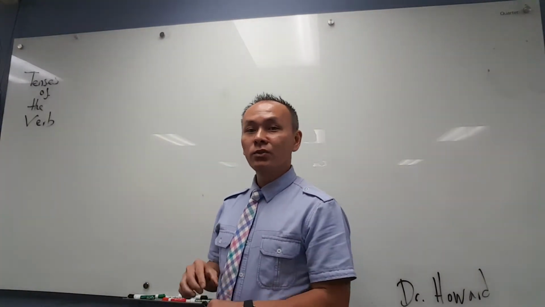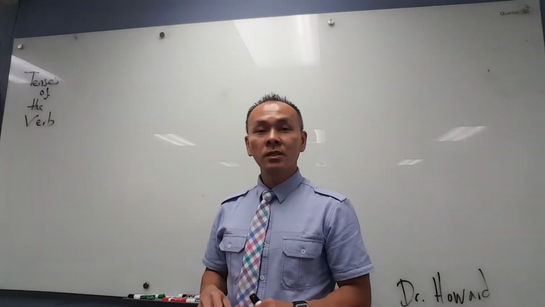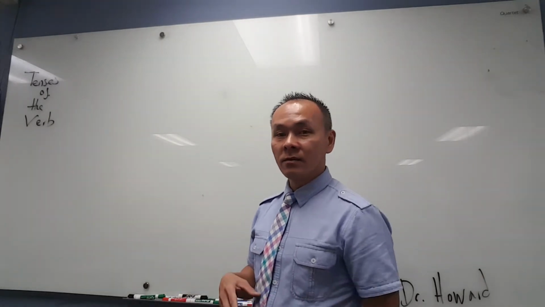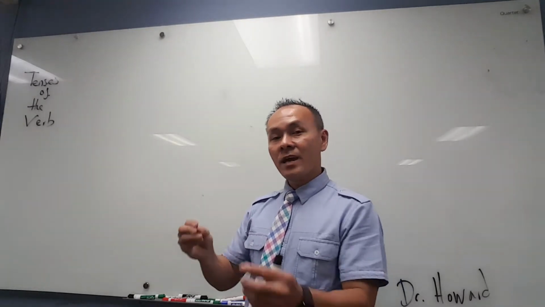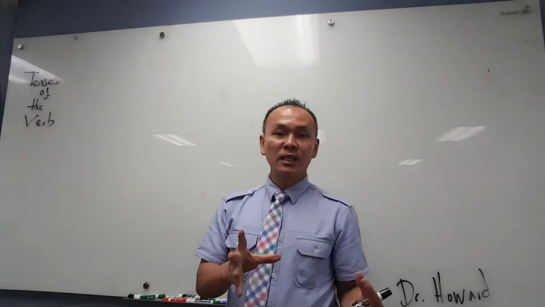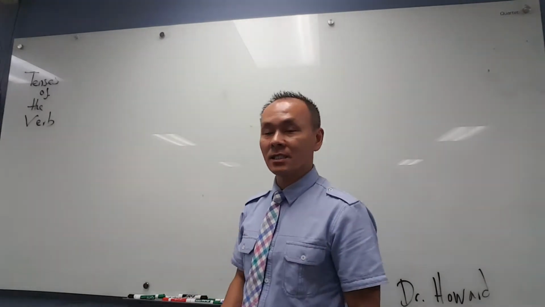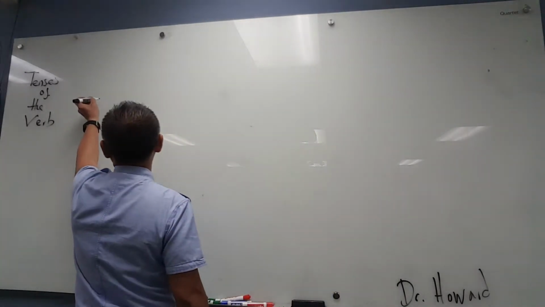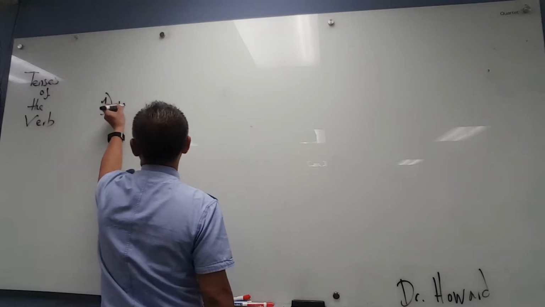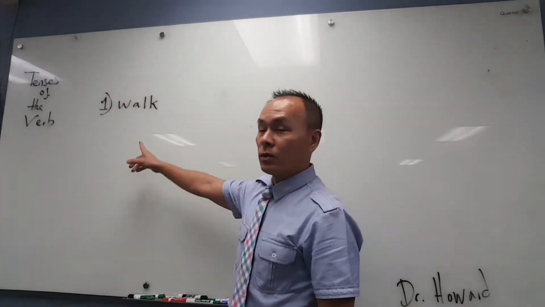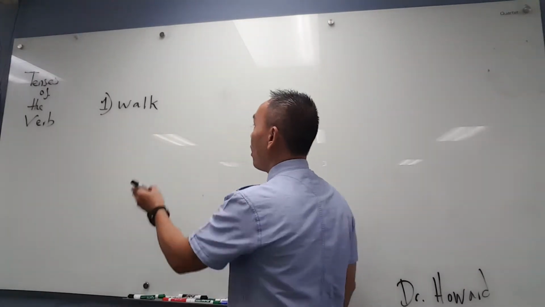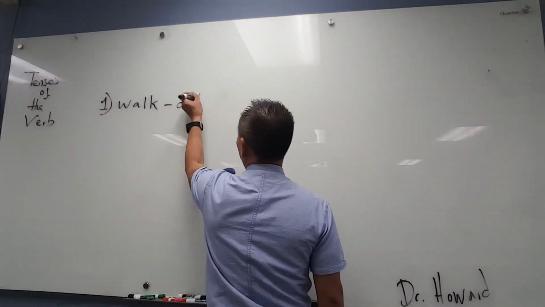I am going to show you how to use different tenses of a verb. So each verb, either action or linking, has different tenses. For example, walk. Say with me, walk. Walk is an action verb.